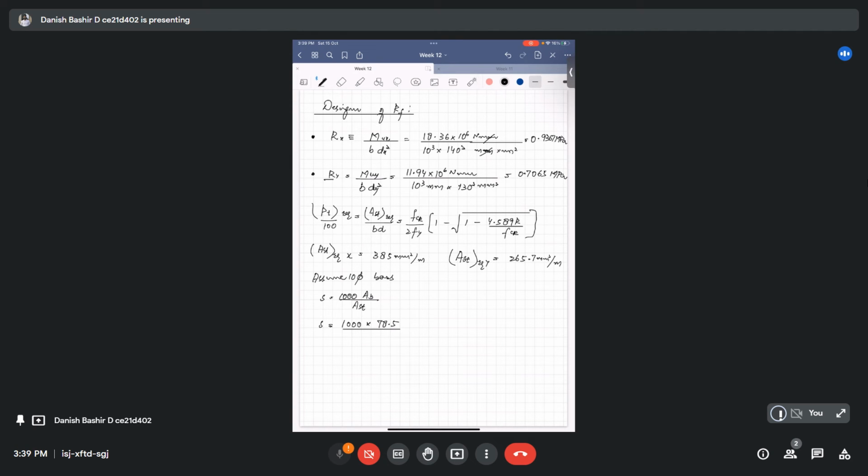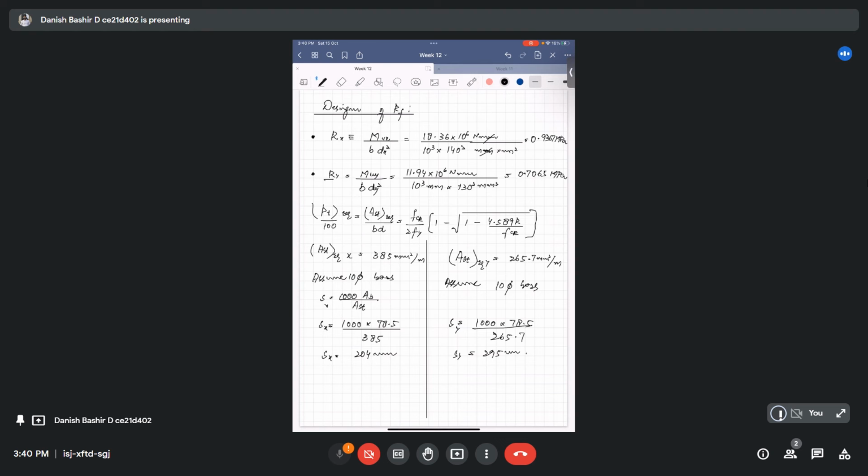Ast along this direction is 385. Let me write simultaneously along the other direction as well. Here also assume 10 mm bars, so sy will be 1000 times 78.5 upon 265.7. When you calculate this, sx comes out to be 204 millimeter, sy comes out to be 295 millimeter.